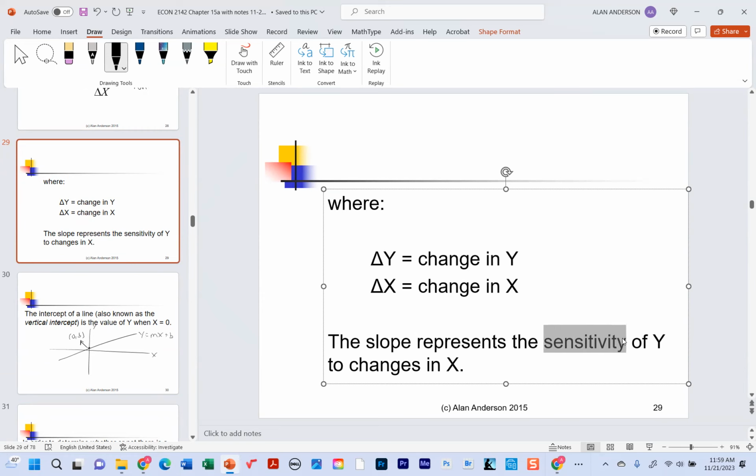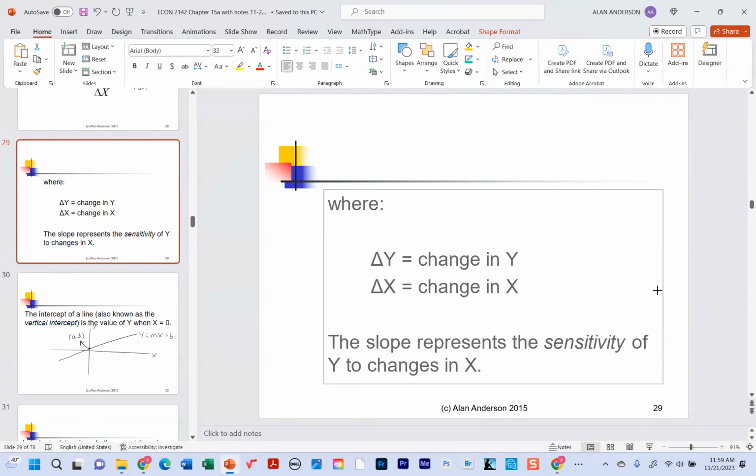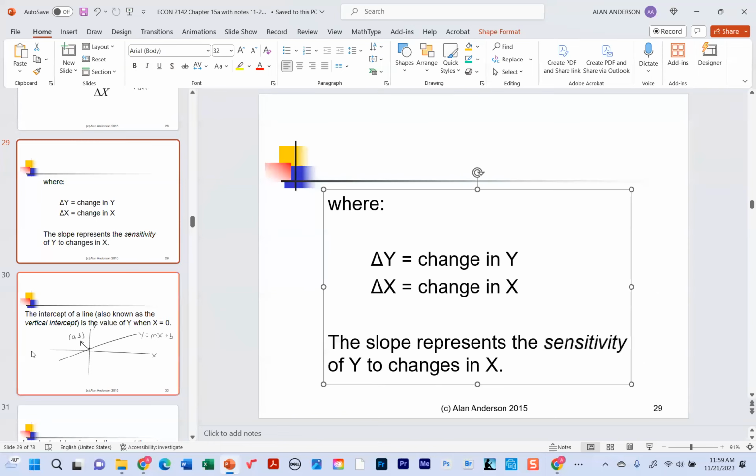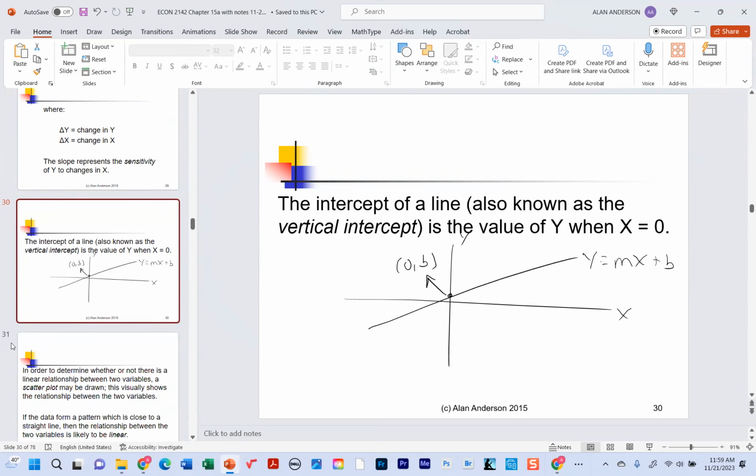Okay. Although it's usually measured with the assumption that x changes by 1 unit. So if x is in dollars, for example, we want to know what a $1 change in x does to the value of y. All right, so a lot of this is stuff you've seen before, which is good. And of course, the intercept, like I said, often we don't really need to worry about it. It's the slope that we're interested in.